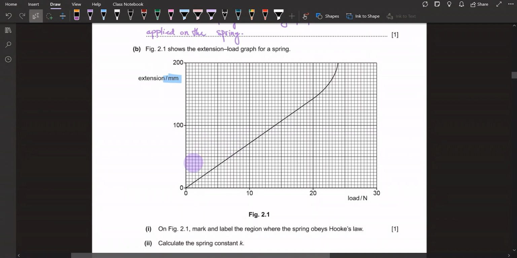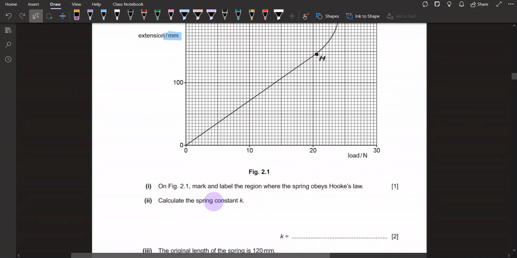As you can see here, till this point the graph obeys Hooke's law, and after this point the graph slightly starts increasing. So the spring's Hooke's law region is gonna be here. So we can write Hooke's law, and this is what we get for 1 mark.